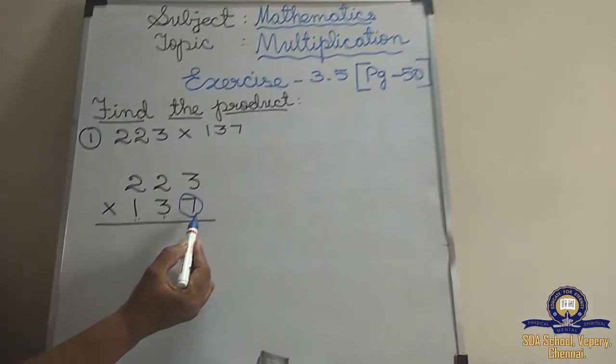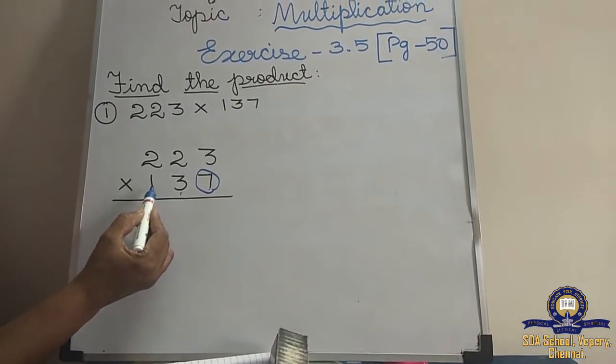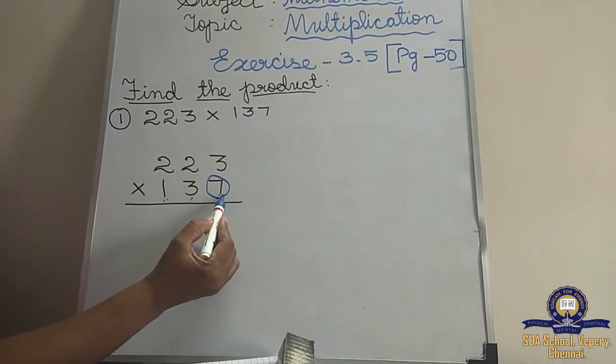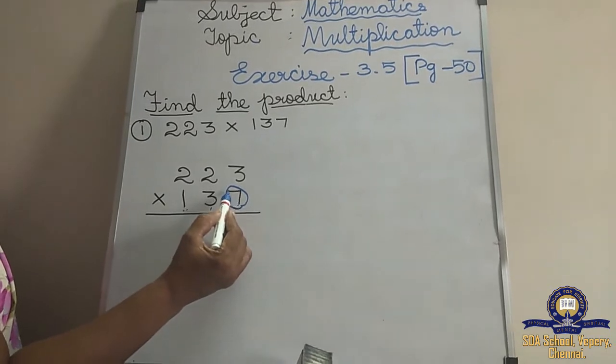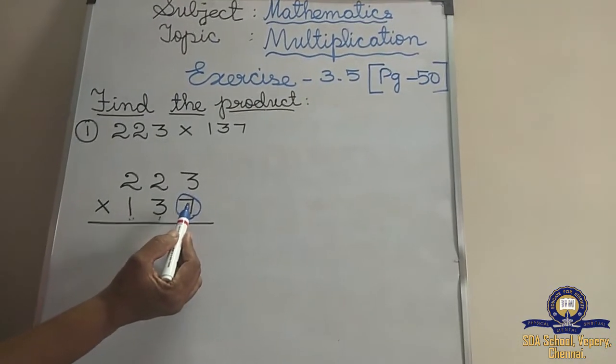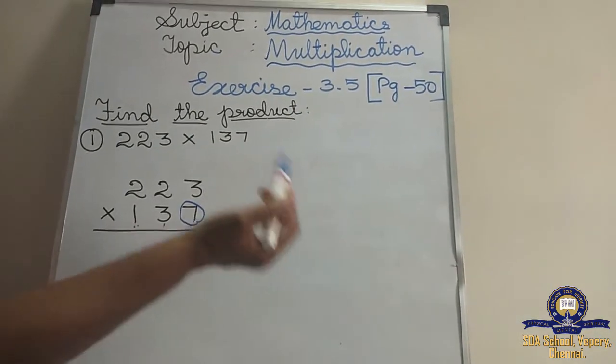Understood children? Don't forget. If you multiply the hundreds column first, the sum will be wrong. Always multiply from ones. In the ones place, which table is there? 7 tables. If you are thorough in 7 tables, you can do it easily. If it's hard, you have to write it and do it.